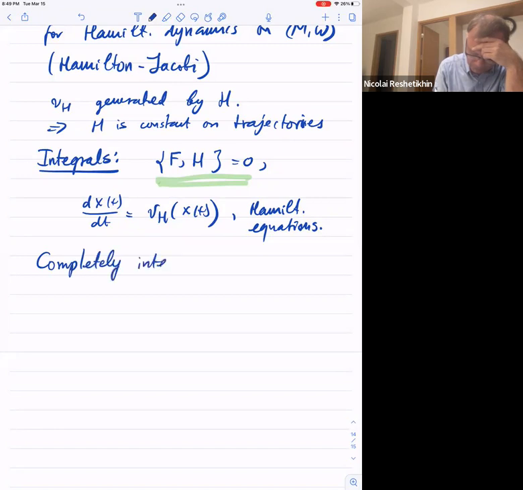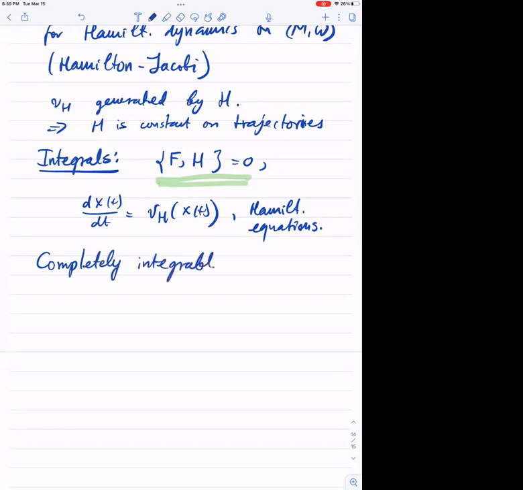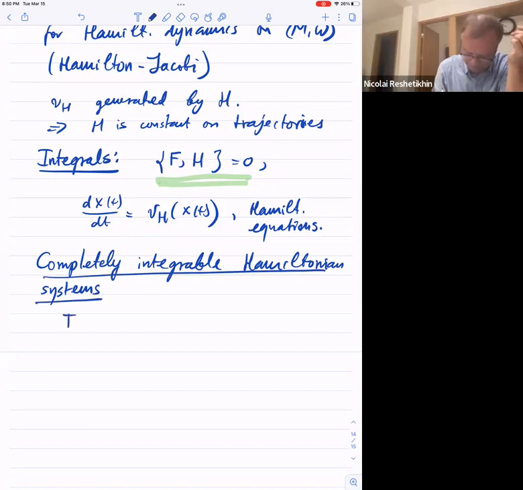A completely integrable system. So I'm guessing you're going to say you find enough F's so that they're independent and they match up to the dimension. Exactly.